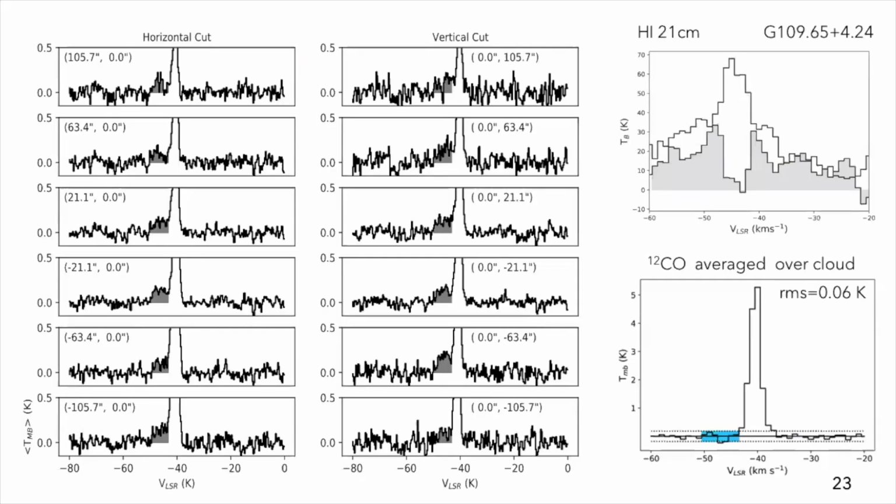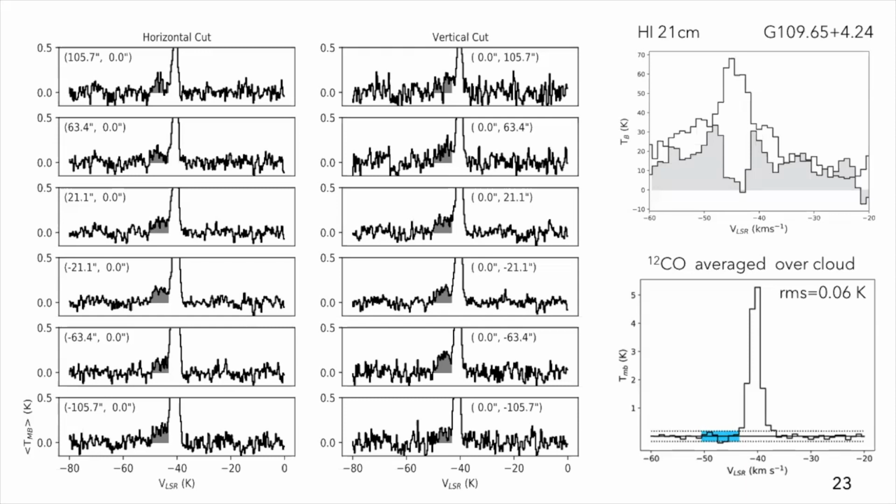Again, we're going to do a little bit of averaging. We want to get some more spatial information. So we average up spectra along the horizontal cut, vertical cut, different locations. And you can see that we filled in where we see the blue shifted wing with gray. You can see that we see that blue shifted wing throughout the map. So this is a very extended component.